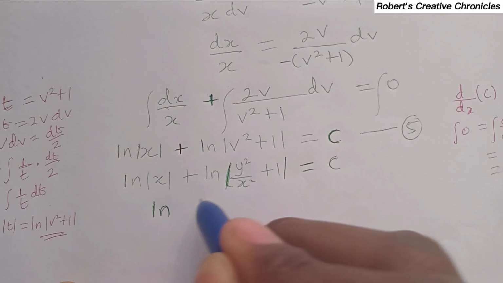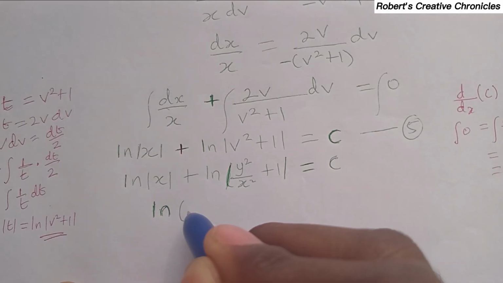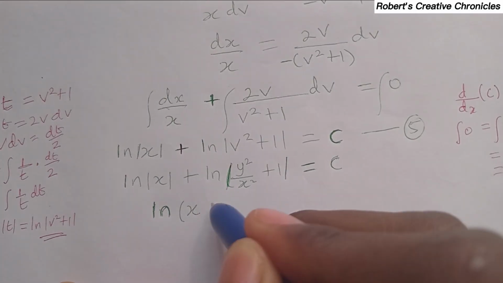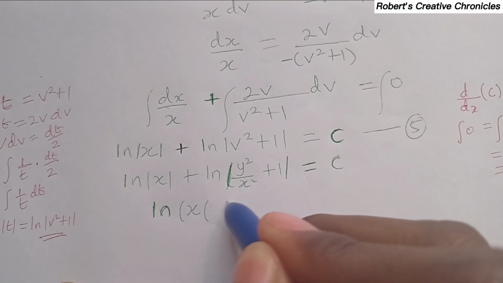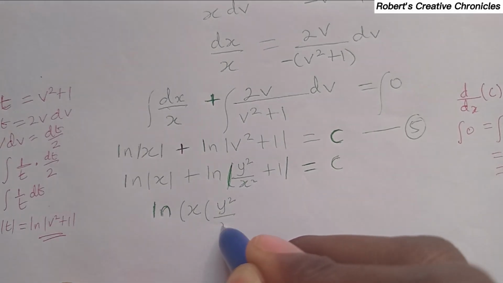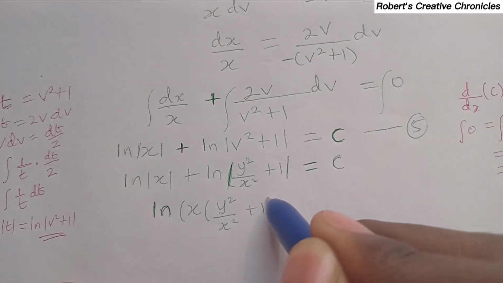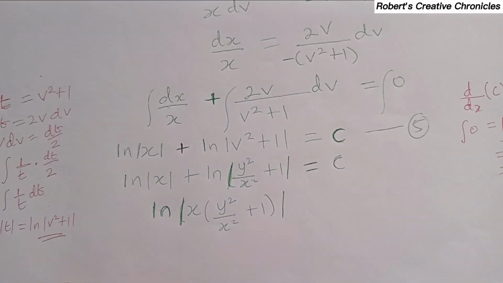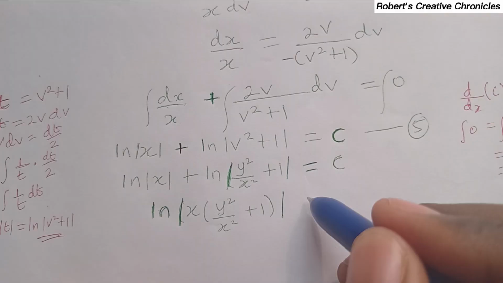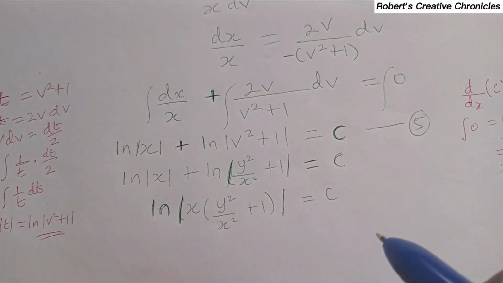So they'll be multiplied: ln of x times (y squared over x squared plus 1) is equal to c.